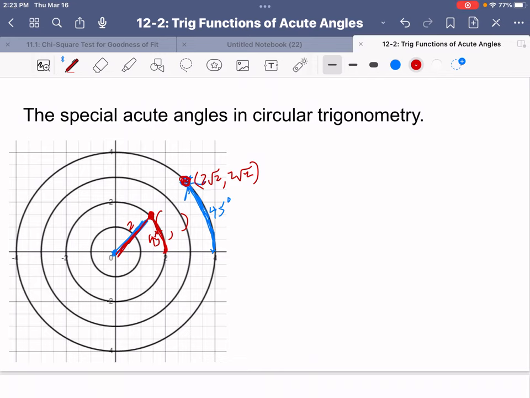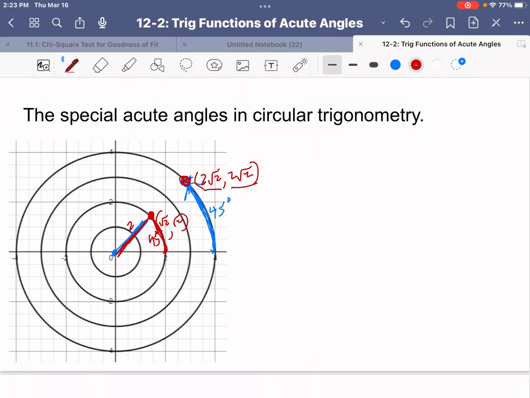If this is the x-coordinate and y-coordinate when the radius is 4, then shouldn't this ordered pair with the radius of 2 be half of that? So this would be the square root of 2 and the square root of 2. So square root of 2 comma square root of 2 is the ordered pair on a circle with a radius of 2 that corresponds to 45 degrees.